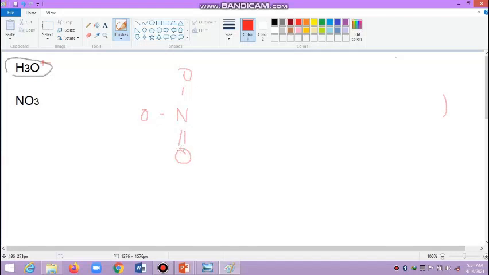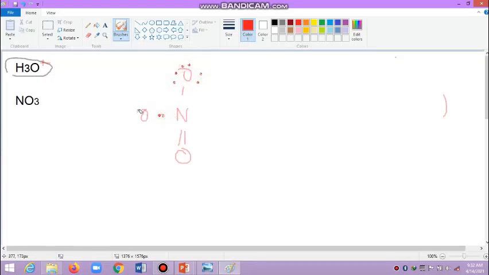Ang nitrate has this, so meron siyang ganyang structural formula. Okay, so let's find out the formal charge.